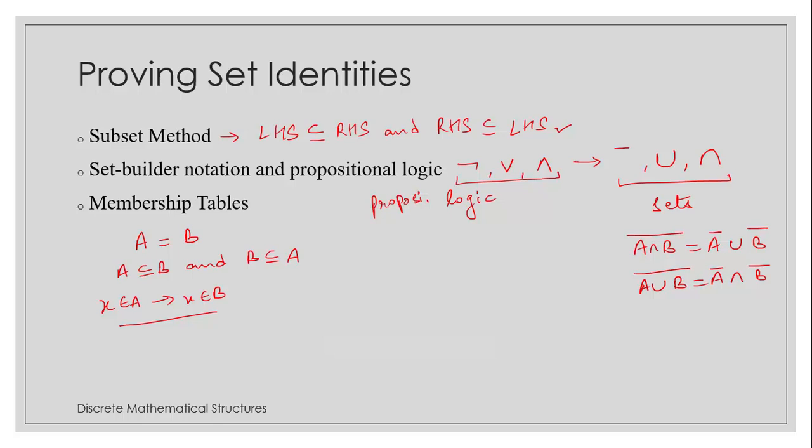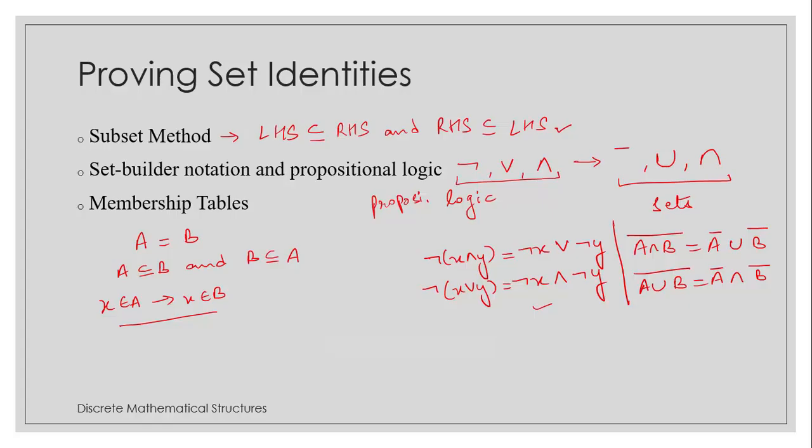Corresponding to this in logic, we have negation of (X and Y) as a whole is equal to negation of X or negation of Y. Second is negation of (X or Y) is equal to negation of X and negation of Y. Here X and Y are propositions. So these are De Morgan's laws for sets and these are De Morgan's laws for propositional logic. We will be using these today in our proofs.